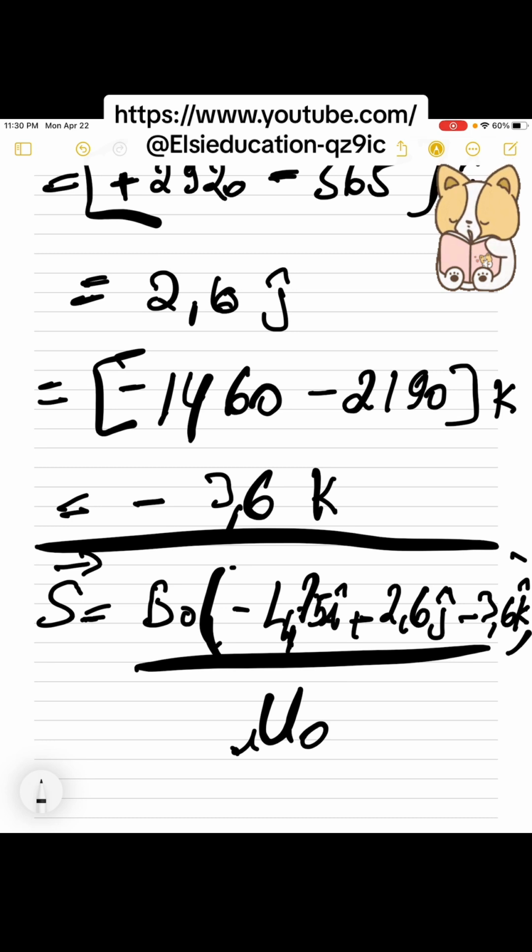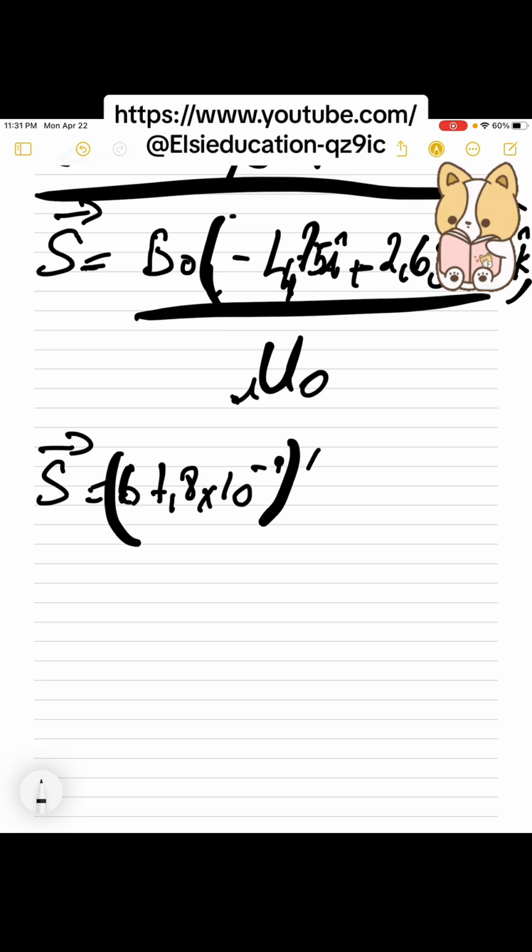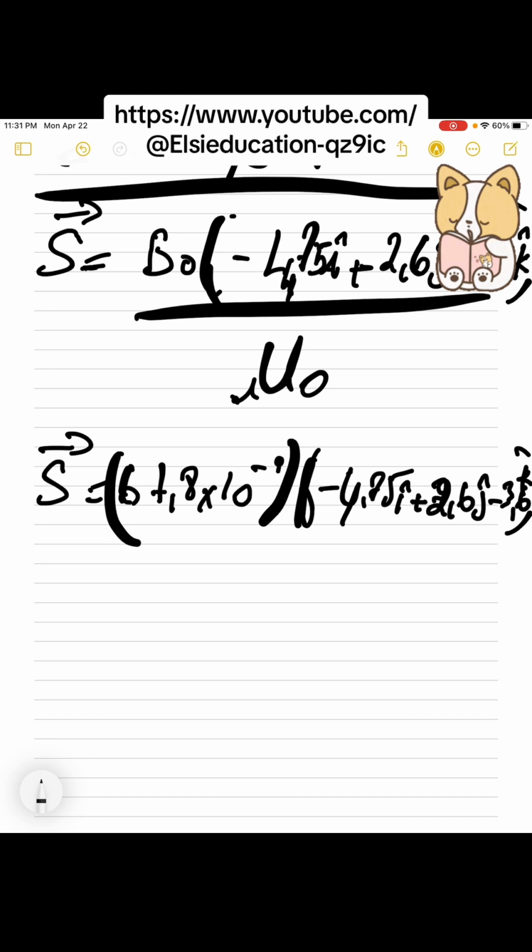So the Poynting vector, we know that the B initial will be equal to 67.8 multiplied by 10 to the minus 9 Tesla multiplied by minus 4.75 E plus 2.6 J minus 3.6 K divided by the constant.